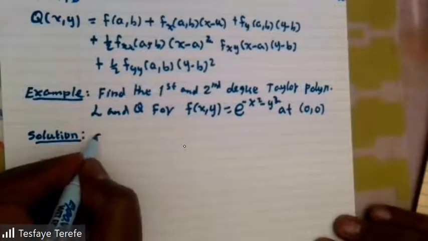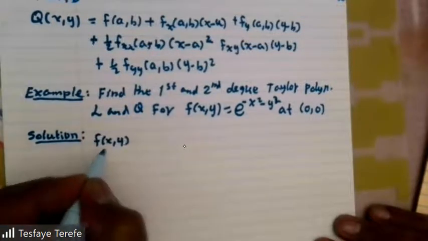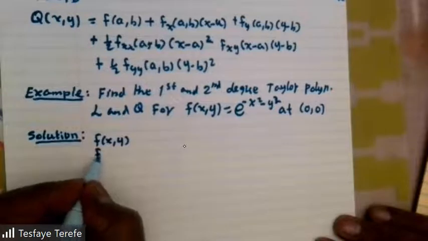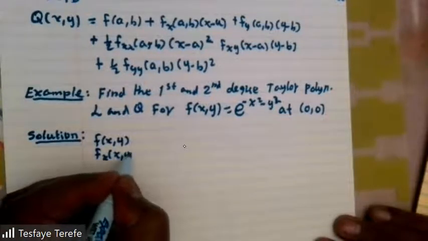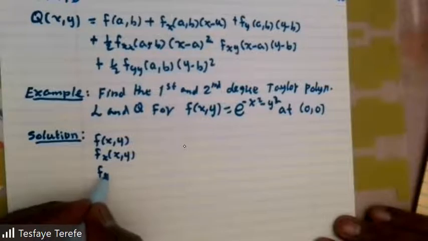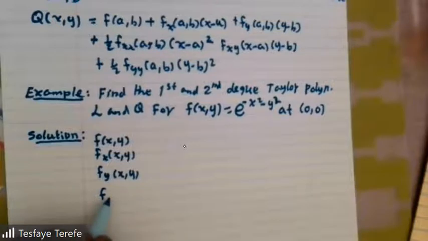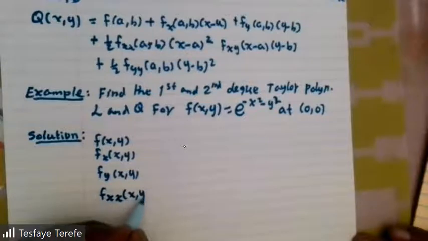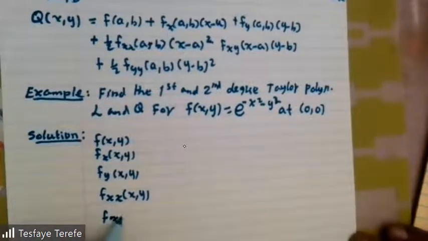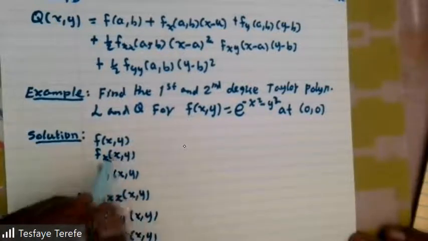That means f of (x, y), the partial derivative with respect to x, the partial derivative with respect to y, the second partial derivative with respect to x twice, the mixed second partial derivative with respect to x and y, and the second partial derivative with respect to y twice. We are going to find all of this.